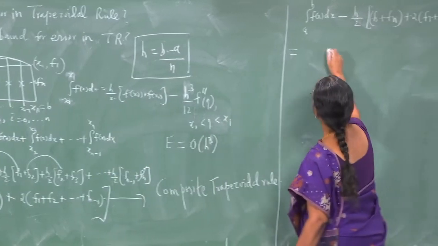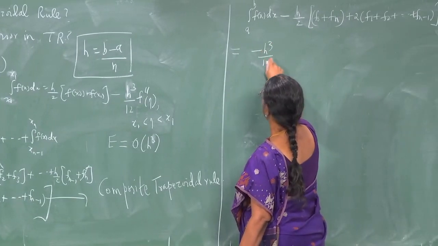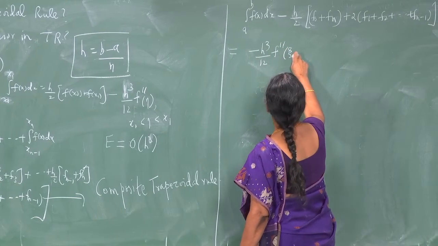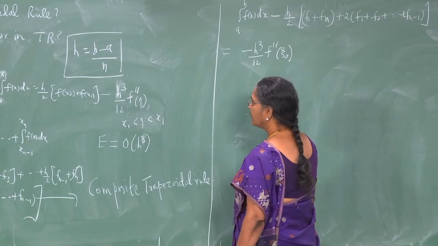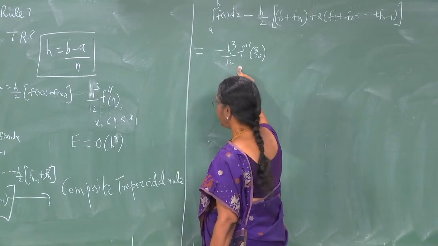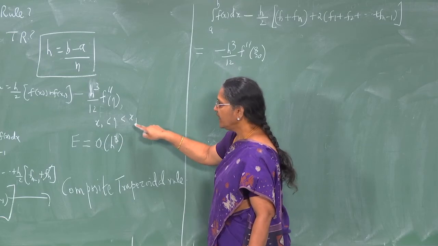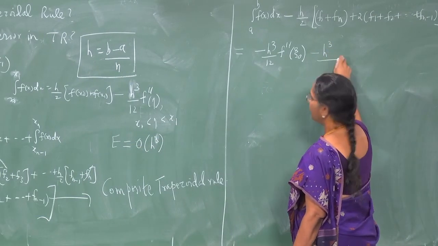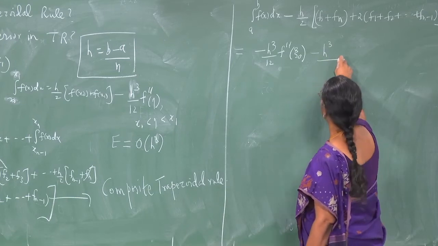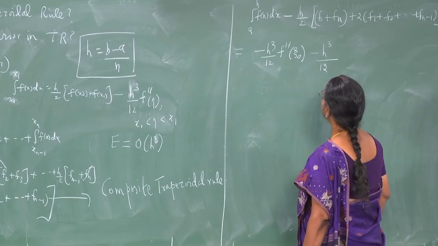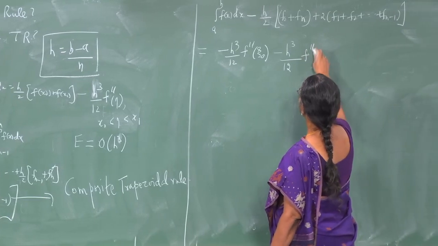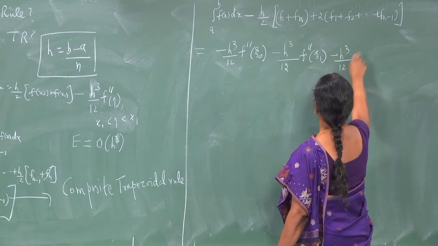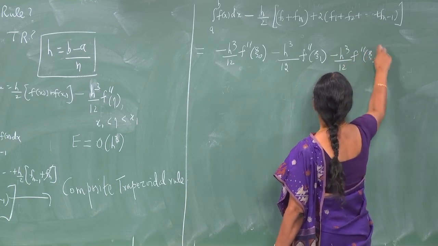What is it? We have this expression minus h cubed by 12 into the second derivative at some, say, psi naught, where psi naught lies between x naught and x1. Then the next interval is x1 to x2. So, the error incurred is minus h cubed by 12 into f double dashed at psi 1, minus h cubed by 12 f double dashed at psi 2.